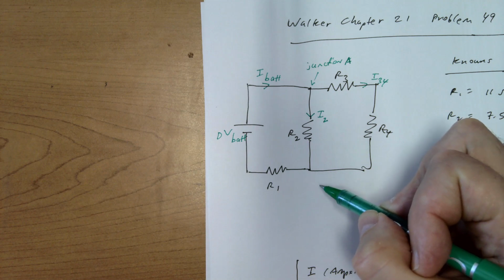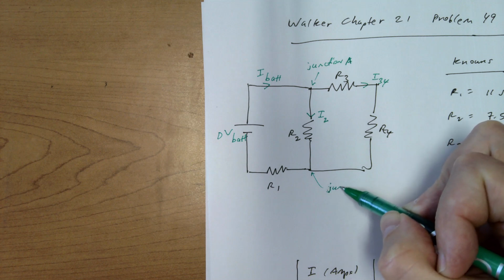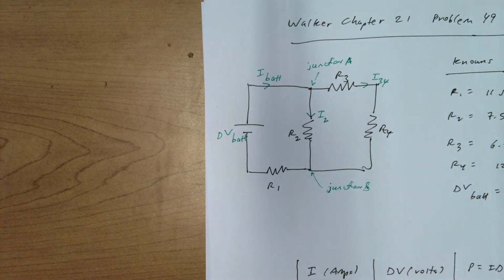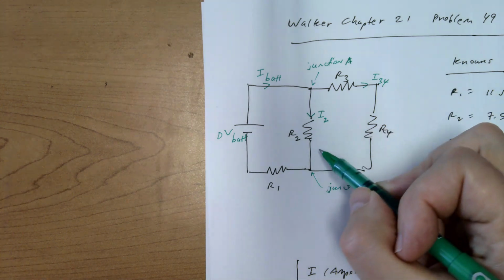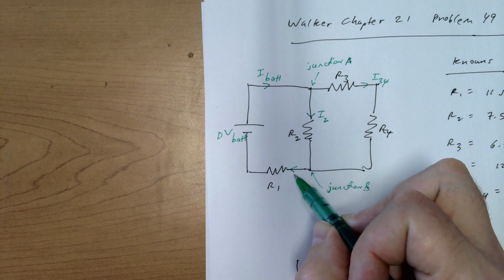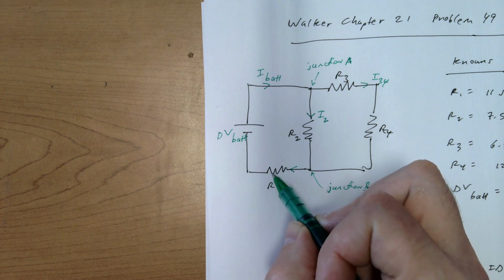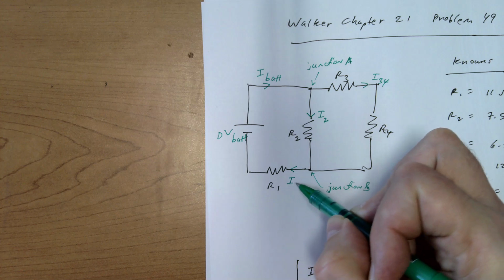Then we have another junction down here. I'll go ahead and label that junction B. And at that junction, I34 combines with I2 to make the current that passes through resistor 1, which I'll label I1.